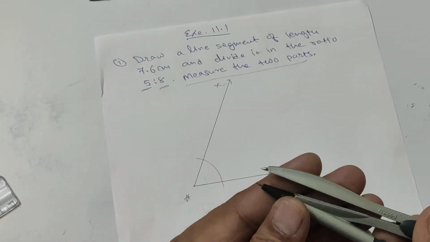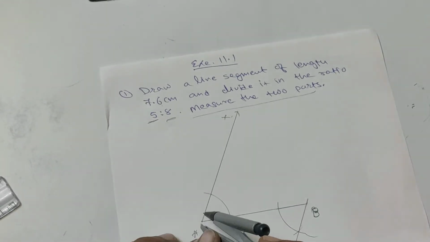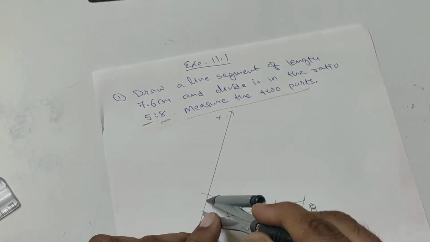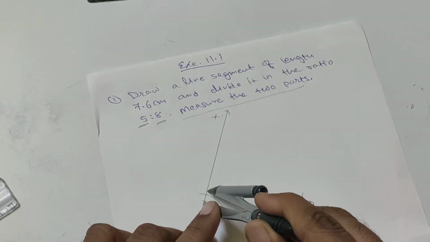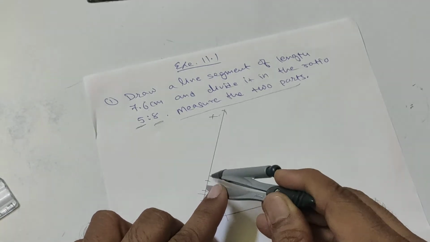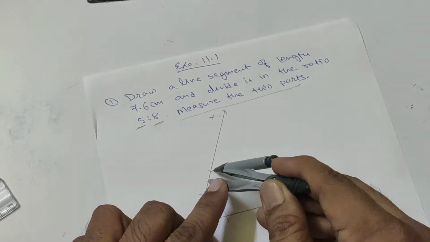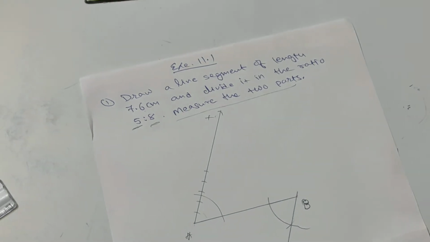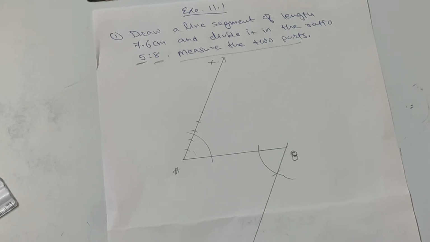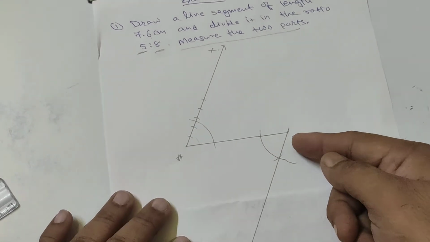So you take it this way. Now put markings on this ray AX. 1, 2, 3, 4, 5. That's it, done.